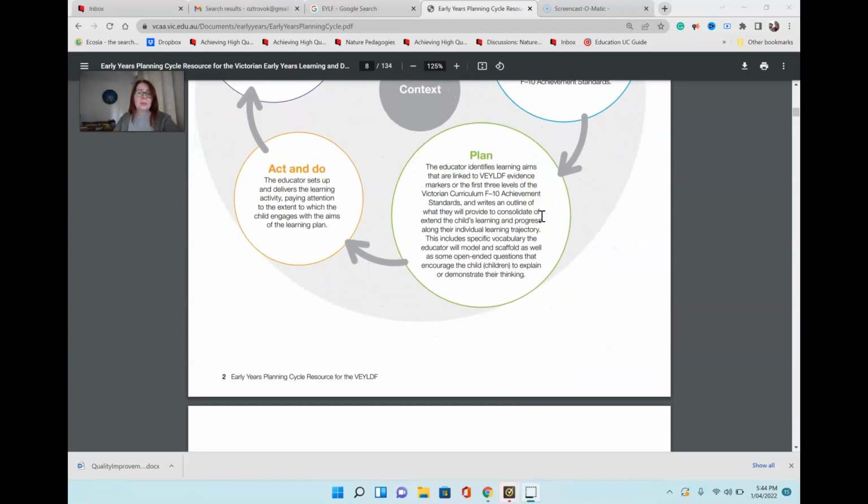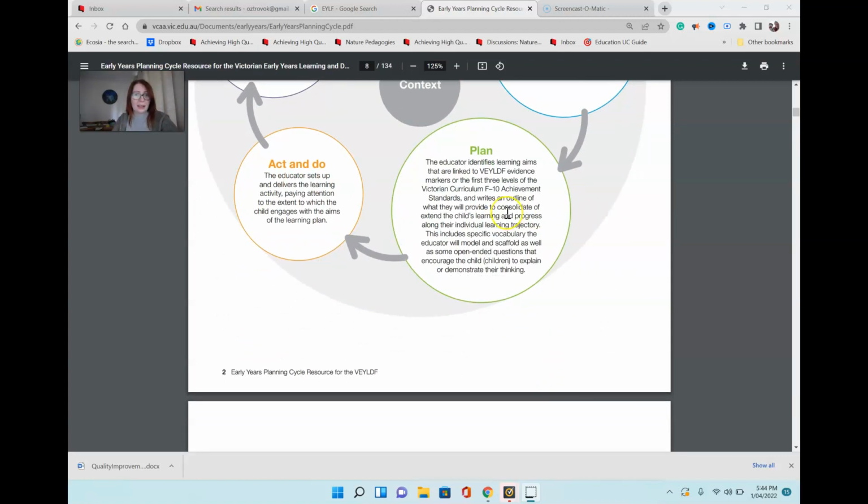So here, let's look at the planning stage, or plan. Once you observed something, you noticed that the child is learning, let's say, to tie their shoelaces or is interested in puzzles and ready to move to the next step, you are planning for the next experience. This is when you consider what kind of concepts or specific vocabulary you are going to introduce.